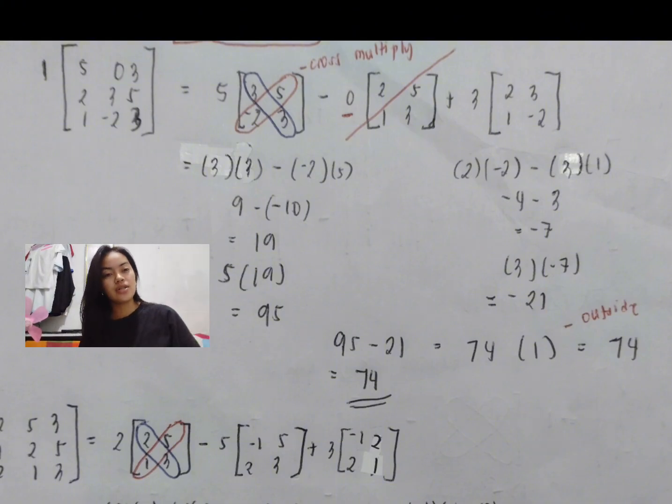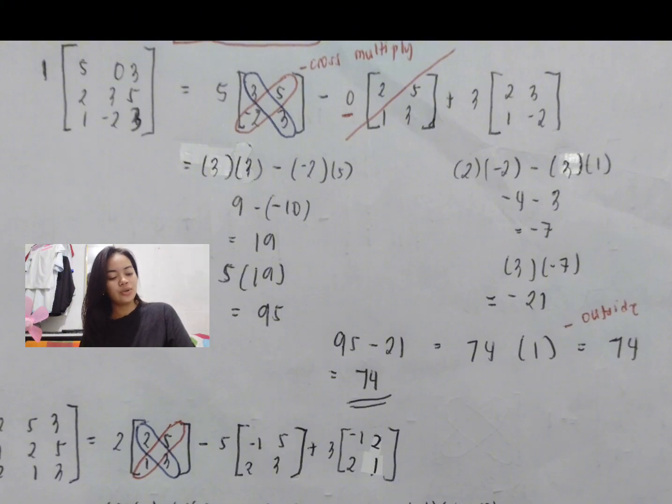In this part, we just need to eliminate the 0, because 0 multiplied by any number is equal to 0 itself. Next, let's proceed to the other matrix, which is this. So, 2 multiplied by negative 2 is negative 4, and 3 multiplied by 1 is equal to 3. Now, negative 4 minus 3 is equal to negative 7.